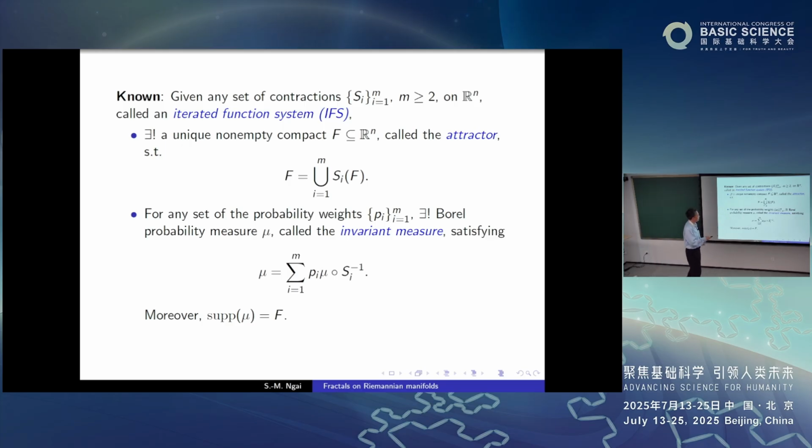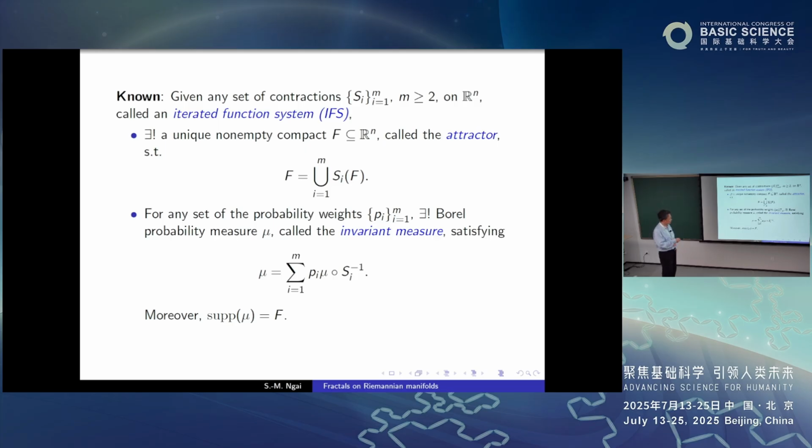You take a set of probability weights p_i, positive, whose sum is equal to 1. Then there exists a unique probability measure mu, called an invariant measure, satisfying such a self-similar identity. Moreover, the support of mu is equal to F.